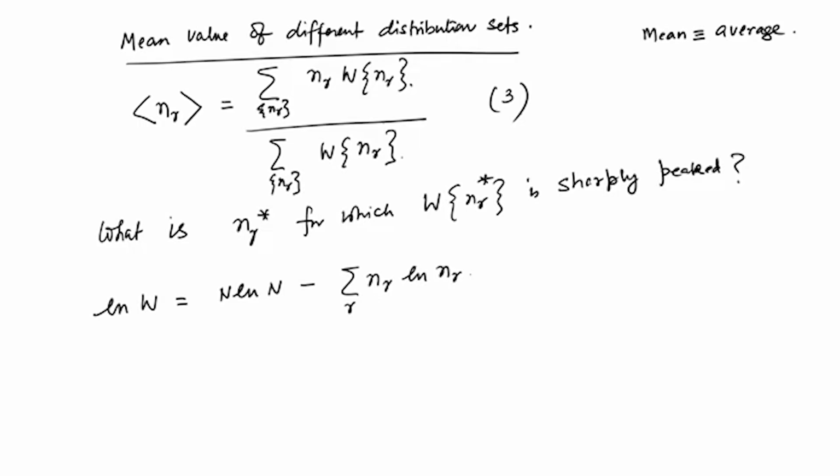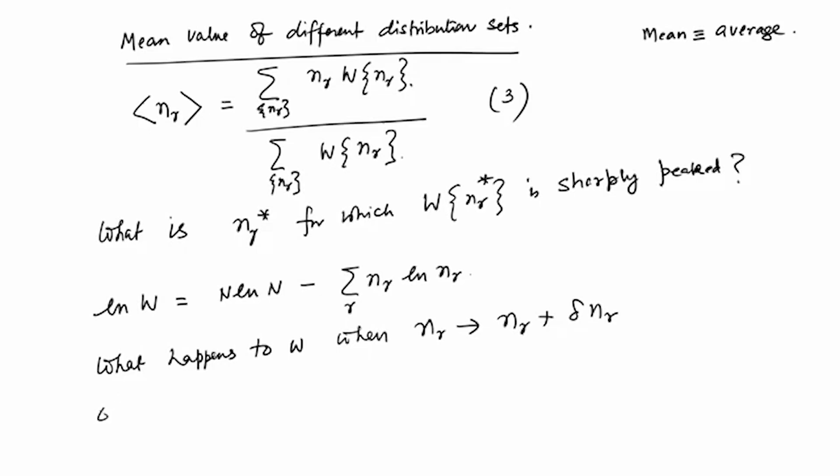Now, when we try to take a differential of this, that is how it changes as N_R is slightly varied, which means what happens to W when N_R changes from N_R to N_R plus delta N_R. That is, a little bit of change occurs. Let us see how that changes, and that can be calculated.